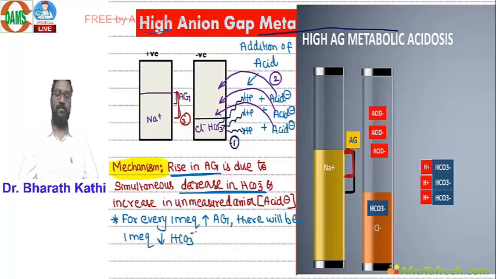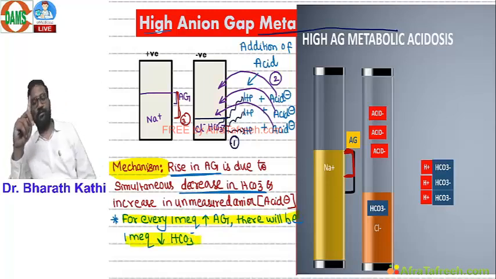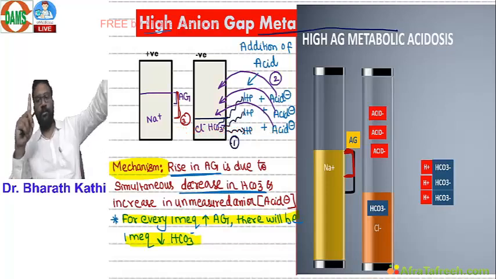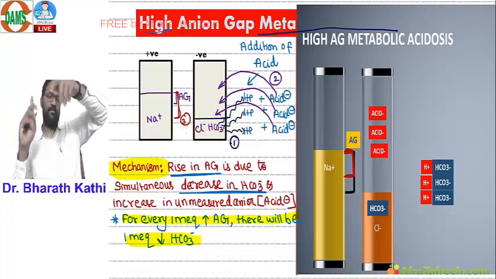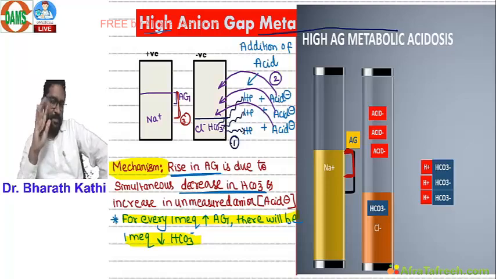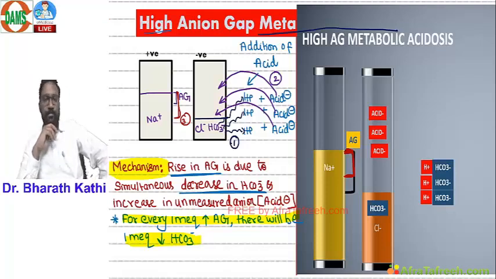This is one relationship you should know in addition. It means if anion gap has increased by 1 milli equivalent, bicarbonate must have decreased by 1 milli equivalent. This is a very, very important relationship that should be kept in your mind.